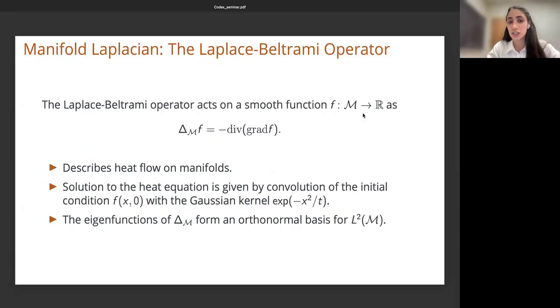So here we start to see the connections between the graph Laplacian, where we use a Gaussian kernel, and the Laplace-Beltrami operator. And moreover, the eigenfunctions of this manifold Laplacian form an orthonormal basis for the space of functions on the manifold.